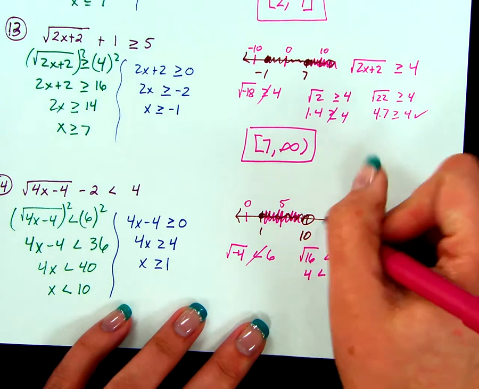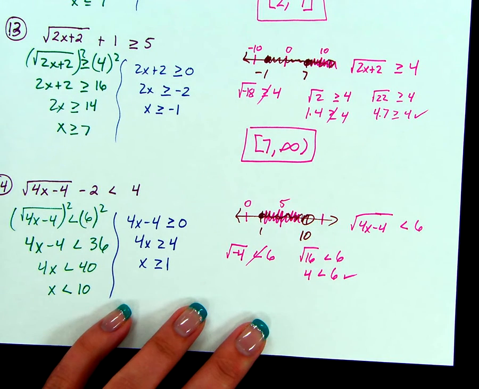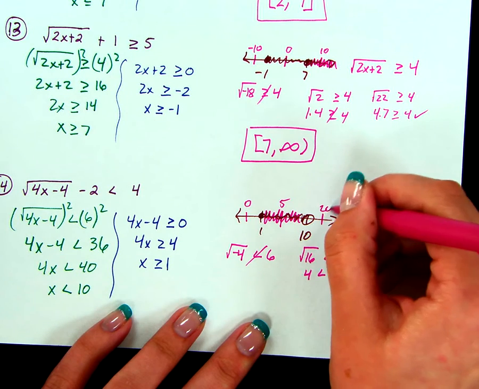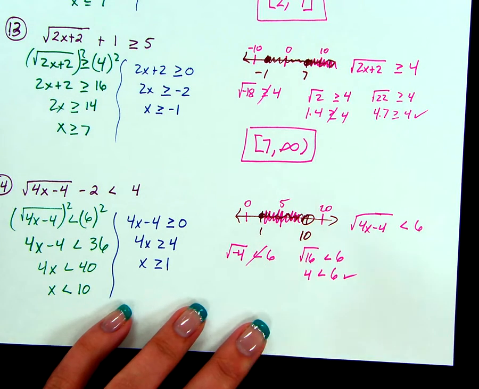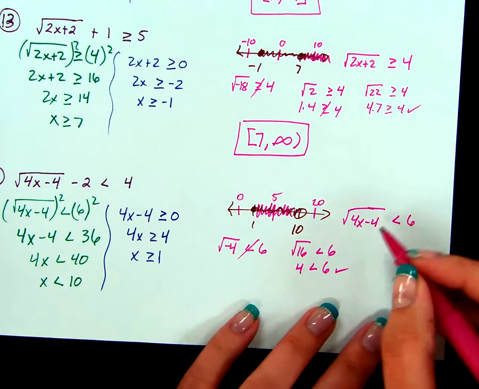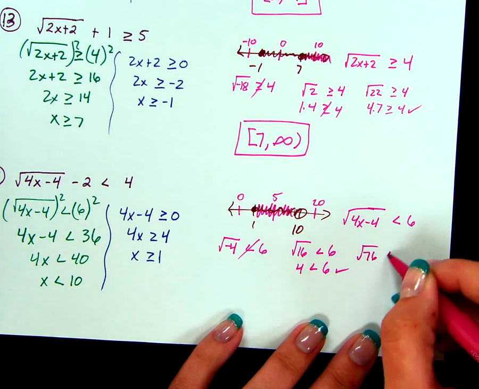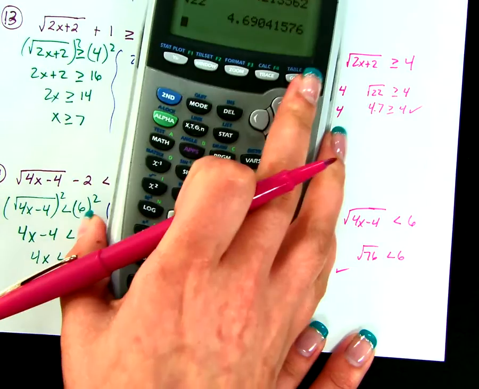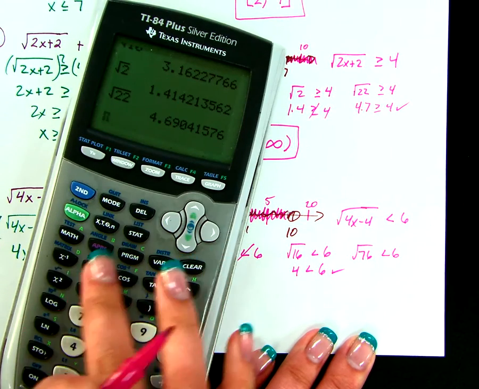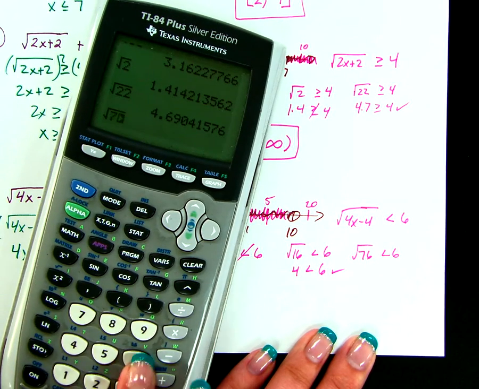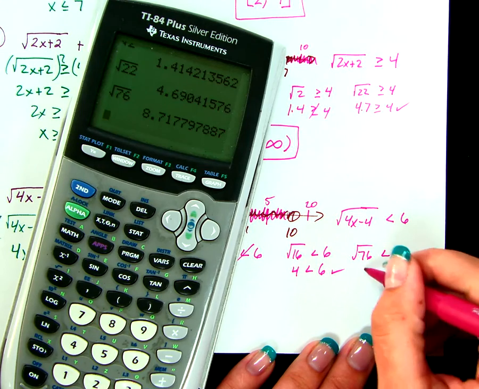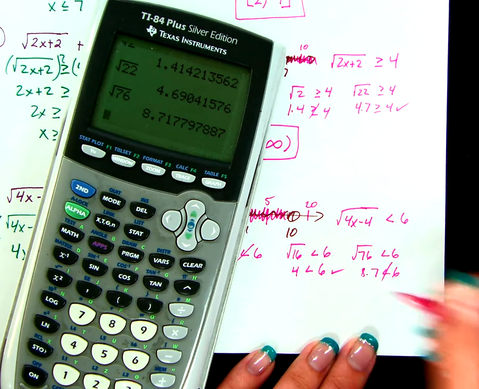Then just to double check, we want to test a number on the outside of it. So let's maybe pick, I don't know, 20. 4 times 20 is going to be 80, and then 80 minus 4 is 76 in our radical. Using the calculator, the square root of 76 is about 8.7, which is not less than 6.